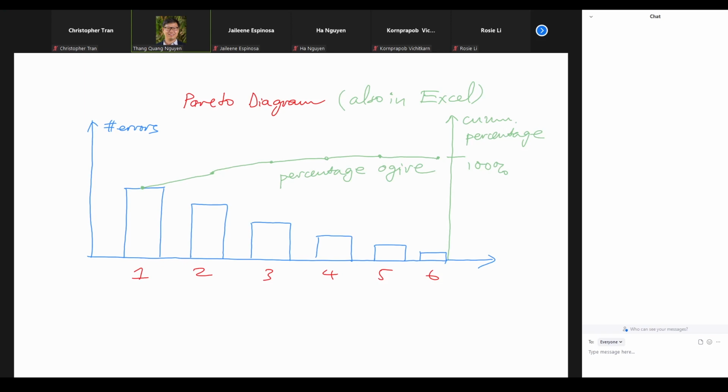So as a manager, we look at this chart, and now we see that there are 6 possible causes of errors. Then which errors should we deal with first, right? We are always limited in terms of resources, time, money, and manpower. We cannot deal with all causes at the same time, right? So in this case, we see multiple causes.